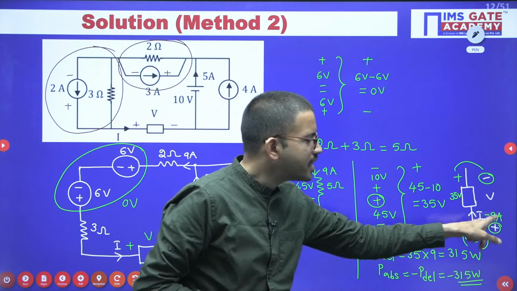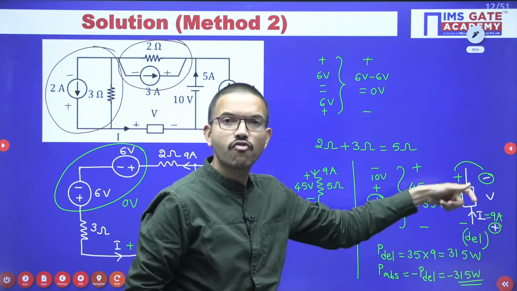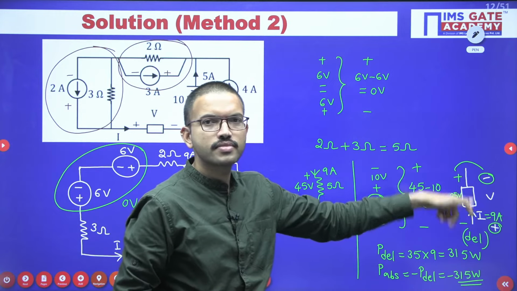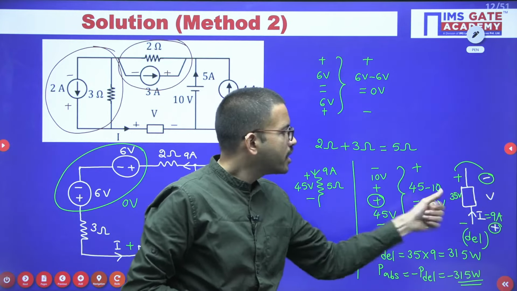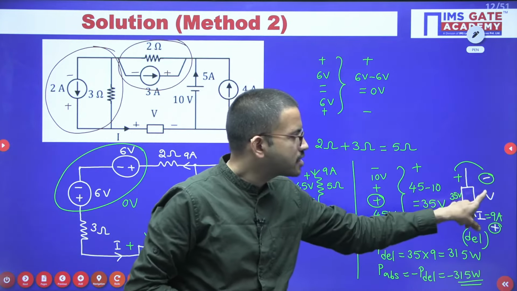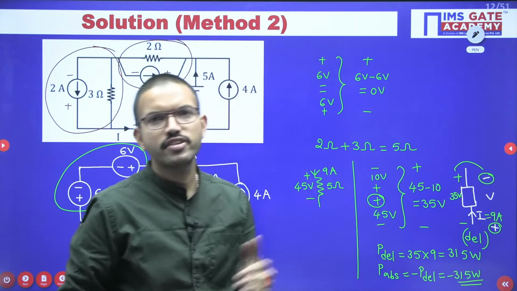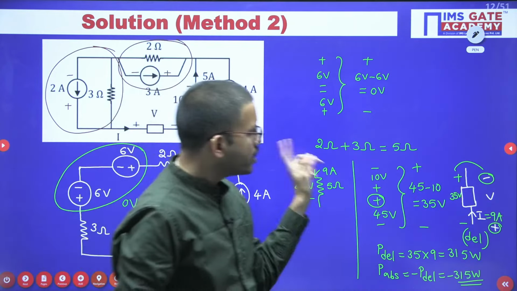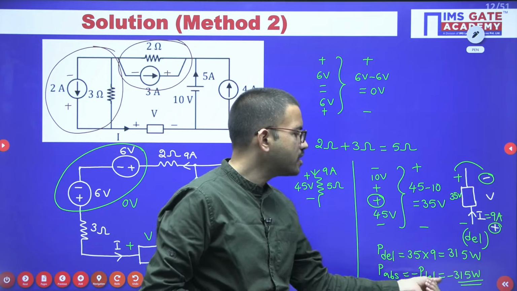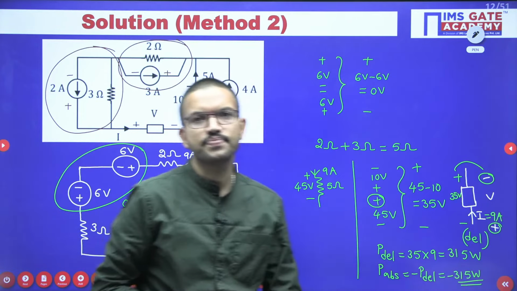Entering current is 9 ampere, but the voltage value, just by observing these polarities, is minus 35 volts. So when you substitute minus 35 and 9, obviously you will get minus 315.